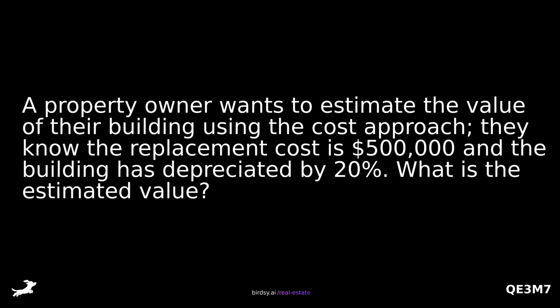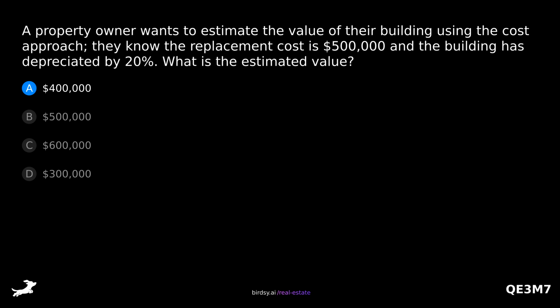A property owner wants to estimate the value of their building using the cost approach. They know the replacement cost is $500,000 and the building has depreciated by 20%. Is it A, $400,000, B, $500,000, C, $600,000, or D, $300,000?